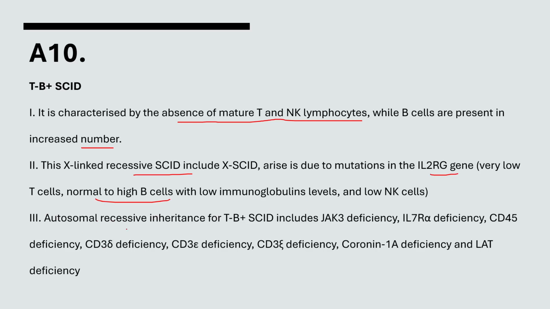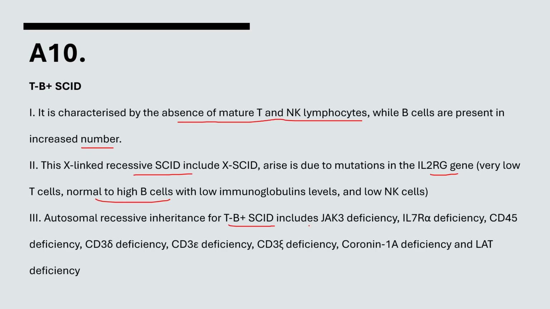The autosomal recessive inheritance of TB plus SCID includes JAK3 deficiency, IL-7R alpha deficiency, CD45 deficiency, CD3 delta deficiency, and others.